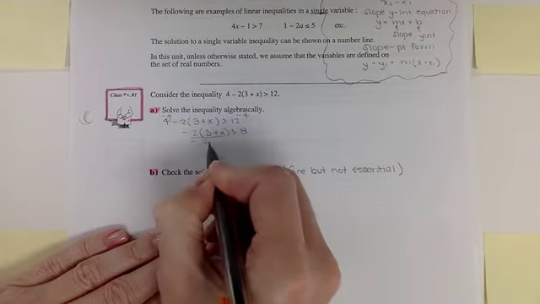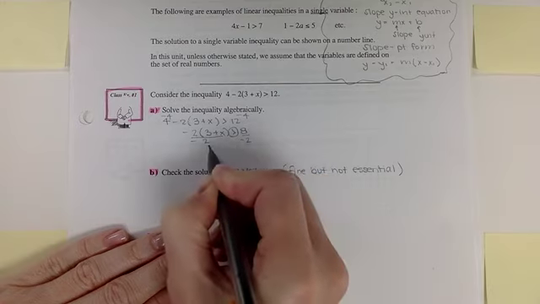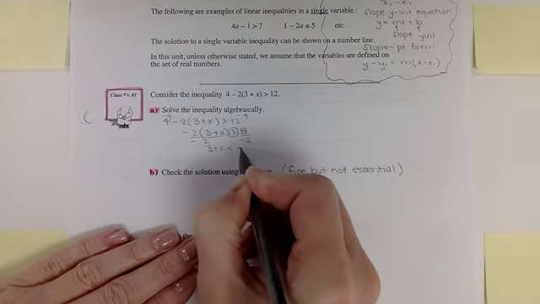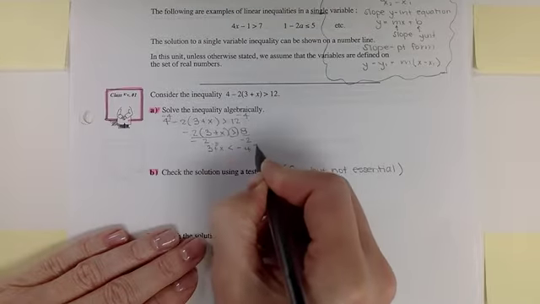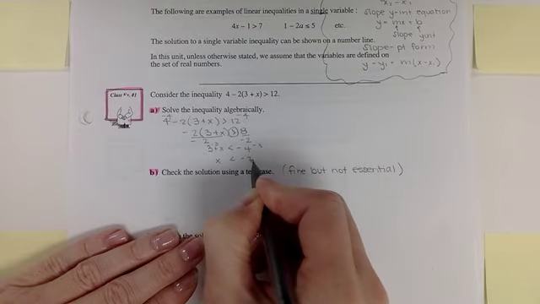Divide by negative 2. When I divide by a negative, my sign switches. So 3 plus x is going to be less than negative 4. Take away 3, take away 3. x is going to be less than negative 7.